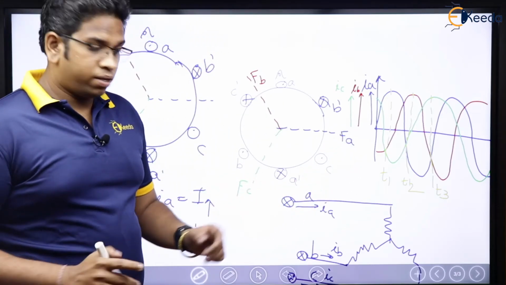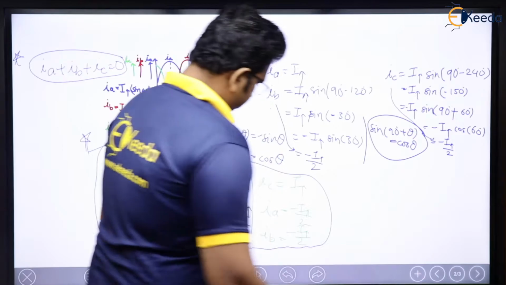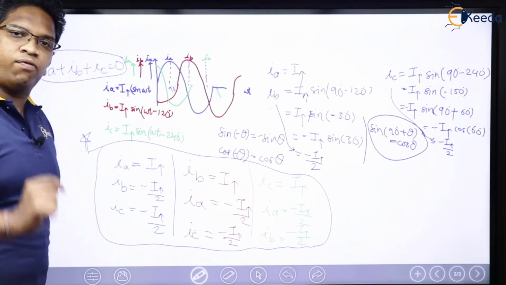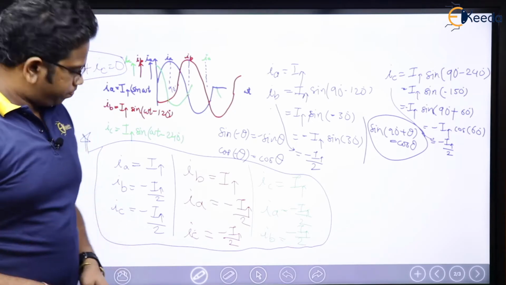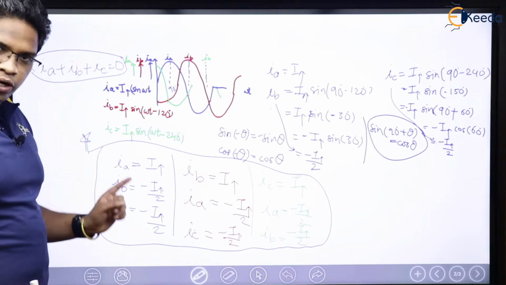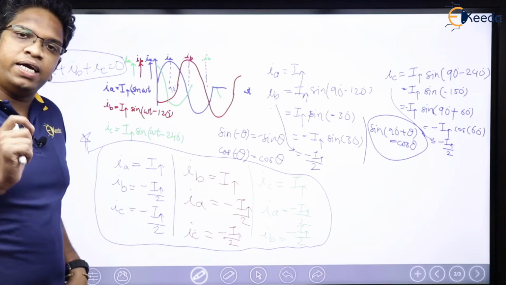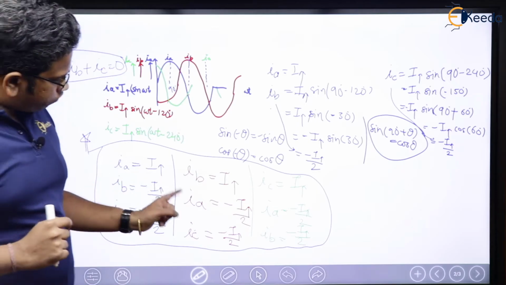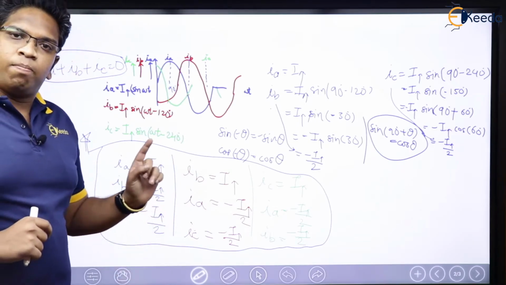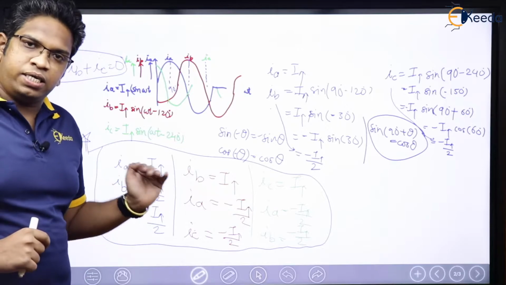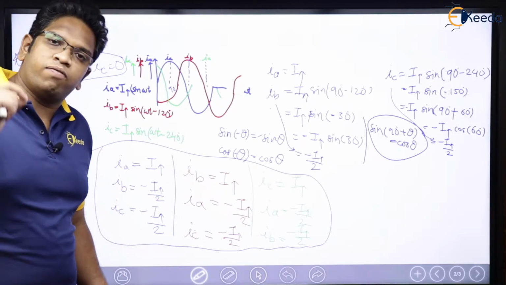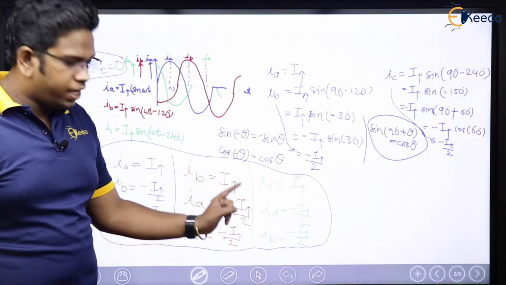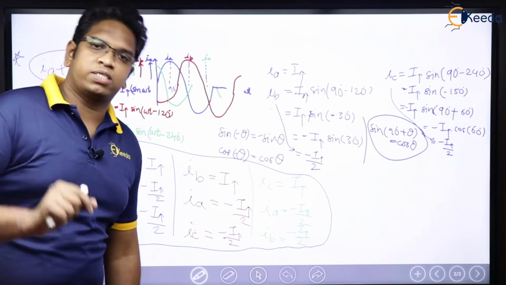We have already studied in the previous discussion that when IA is I maximum, IB and IC will be half of negative maximum. Whenever IA is I maximum, IB and IC are going to be what? Half of negative maximum. Whenever IB is positive maximum, IC and IA are going to be half of negative maximum. Whenever IC is positive maximum, IA and IB will be half of negative maximum.